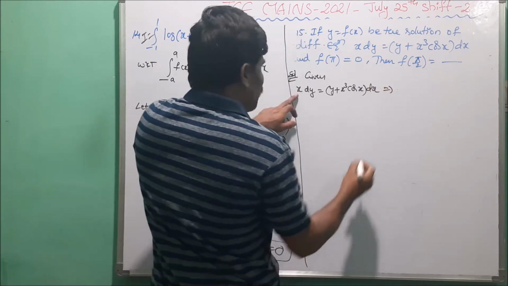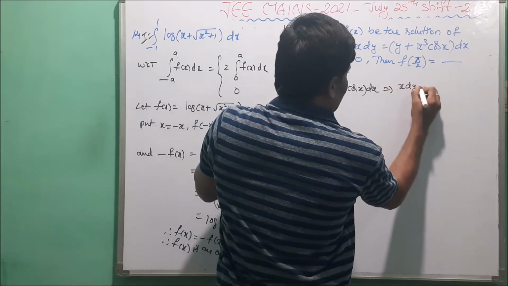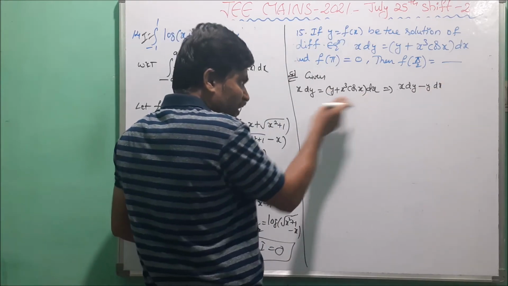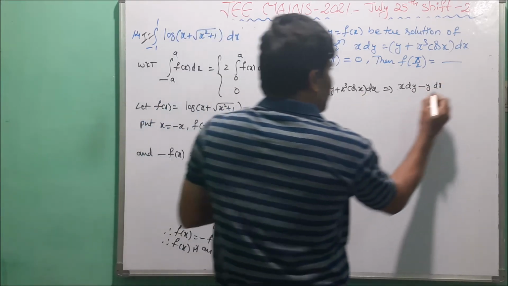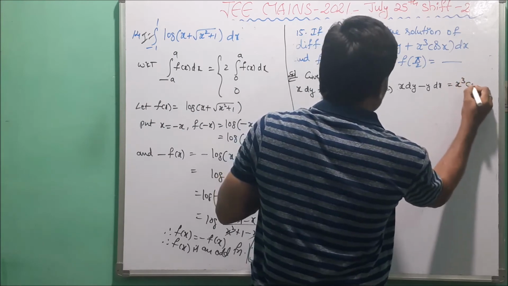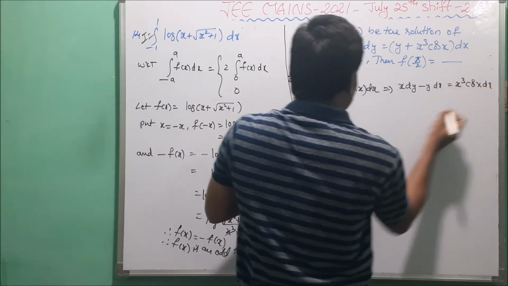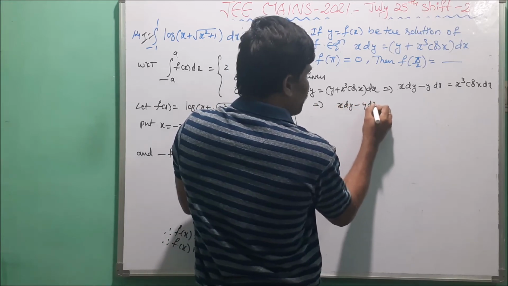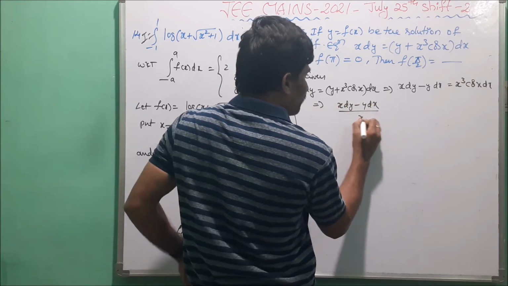From this we write x dy minus y dx. Here we take y dx to the left side, that is minus y dx, which equals x cube cos x dx. From this one we write x dy minus y dx whole by x square.